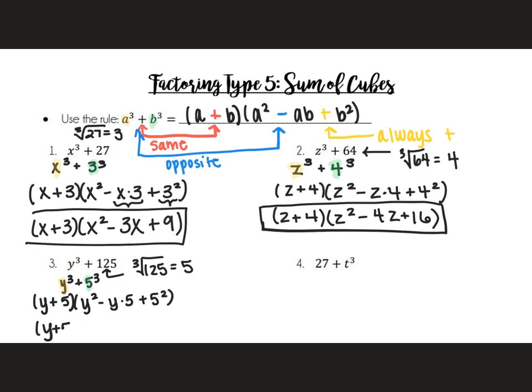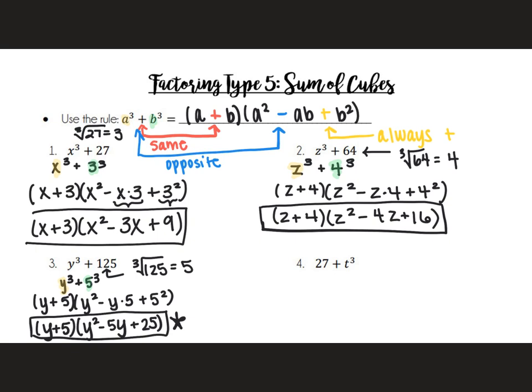Rewrite and simplify, so y plus 5, y squared minus 5y plus 25. If at this point you feel like you can do everything at once and go straight to this step, that's completely fine. So we'll try that on the next one.